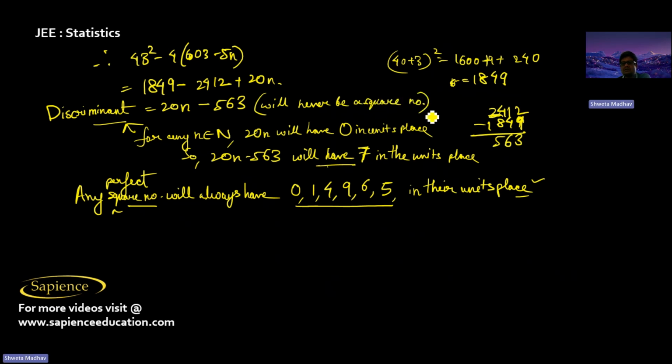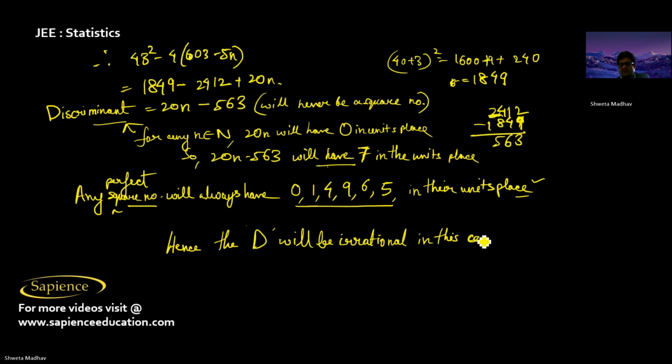So hence it means that A can't be a natural number. So the discriminant will always be irrational in this case.